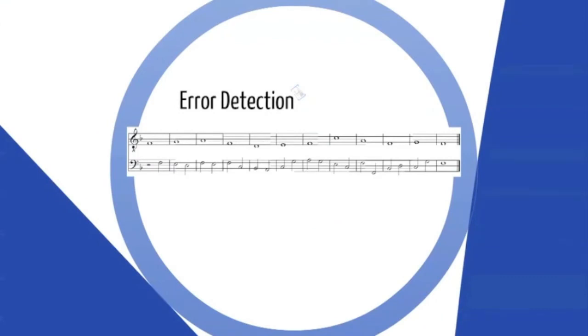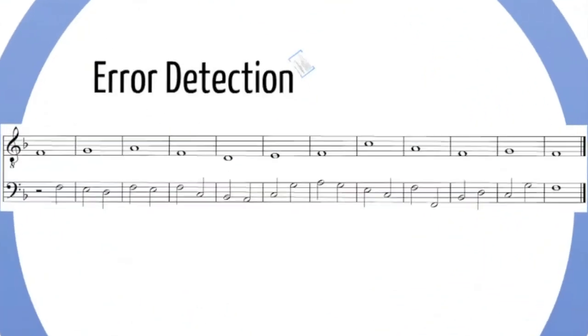And so now it's time to do an error detection. What I suggest is you pause the screen and take a minute to copy this example down, and then first label all of the intervals. And remember, you don't need to specify major or minor or perfect intervals, just write 8, 3, 6, for instance.